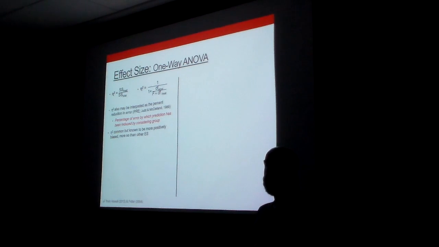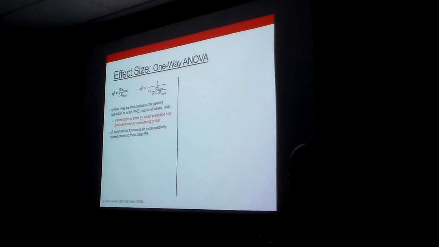Now the thing is that eta squared is a nice descriptive statistic for what's going on in our sample. We can say that in the variability we observed in this sample, this is the proportion of variability that we can attribute to this grouping factor.